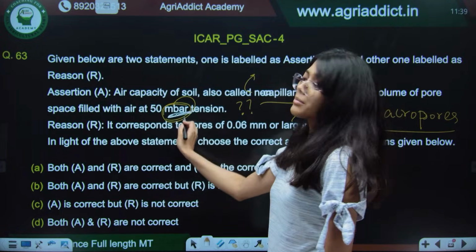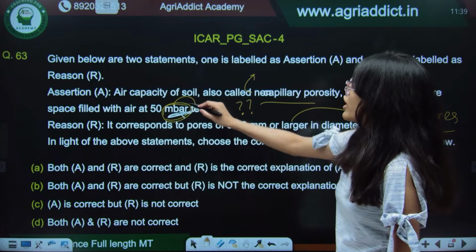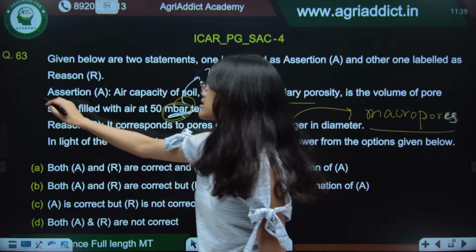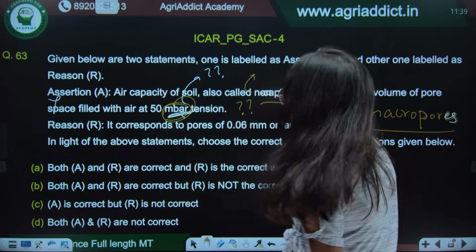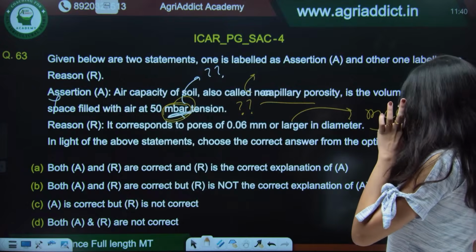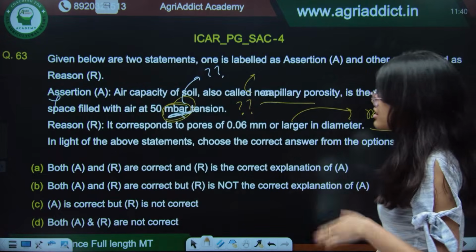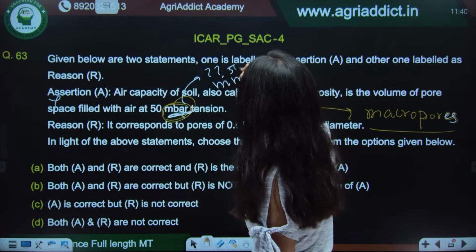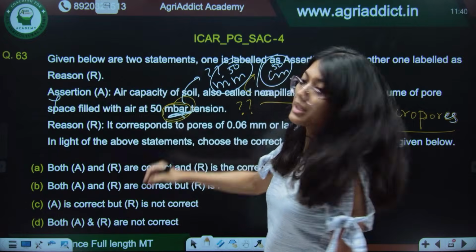But will it be 50 millibar tension? What is it supposed to be? Instead of 50 millibar, this is an incorrect statement. So, it is not 50 millibar. This is supposed to be millimeter or centimeter.